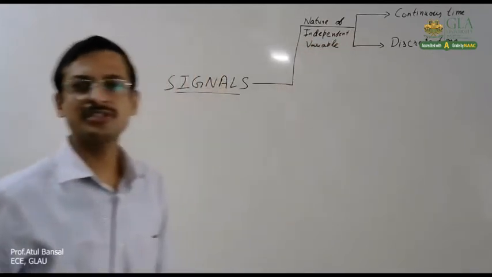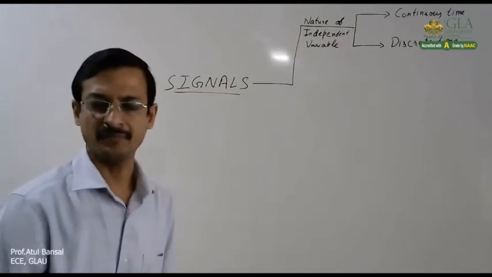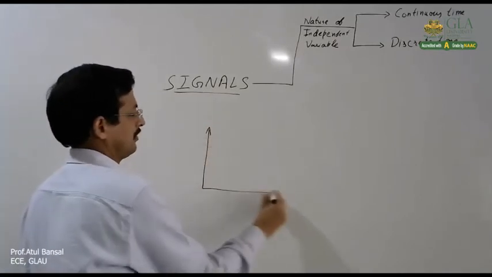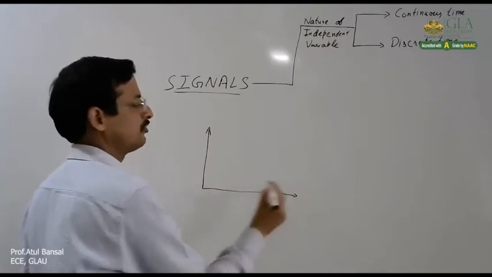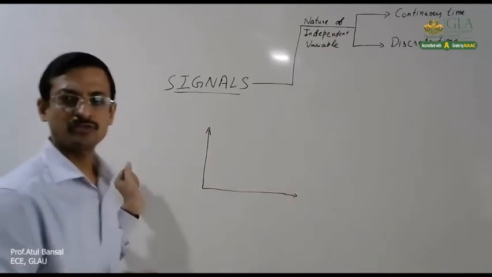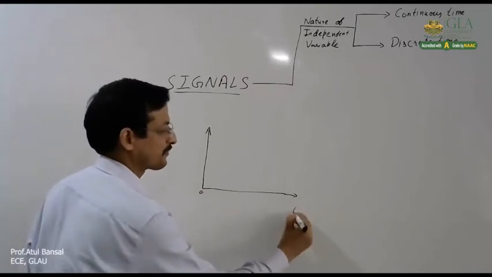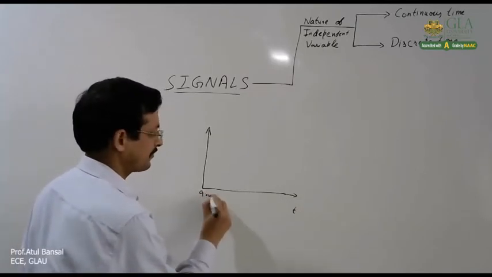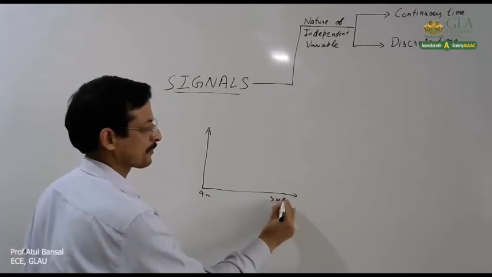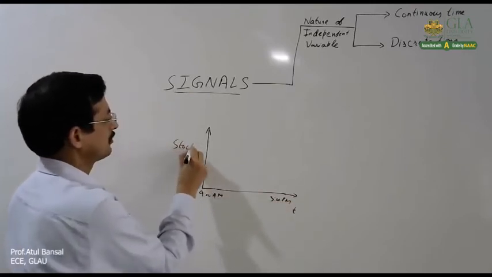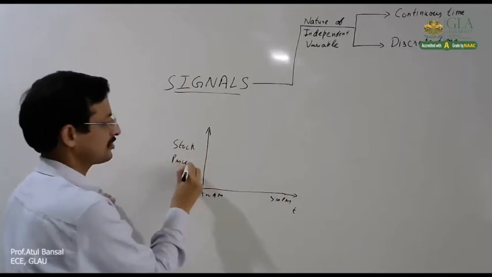Now, what is a continuous time signal and what is a discrete time signal? Suppose you have a signal which gives you the variation of the stock price in the market from morning to evening, say from 9 a.m. to 3 p.m. There is some stock whose price is changing.